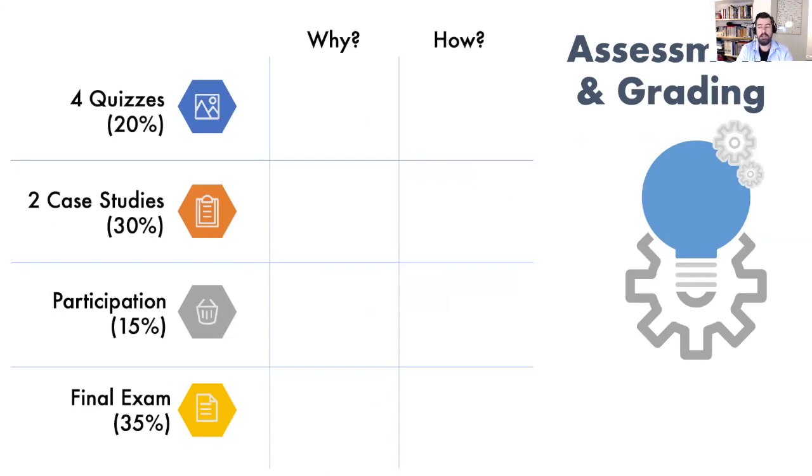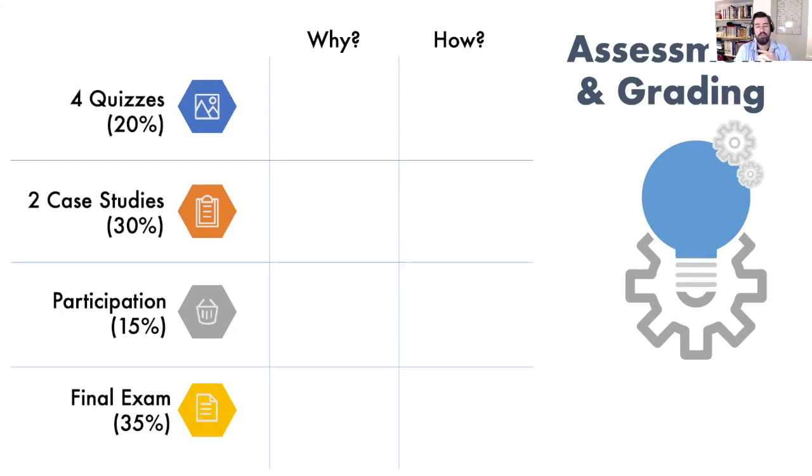So how are we going to do the assessment and the grading? We're going to use 4 different strategies. I'm going to explain to you. This is something I haven't done in the past, but I want to take some time to explain to you why I'm choosing this and how we're going to do this. All right.